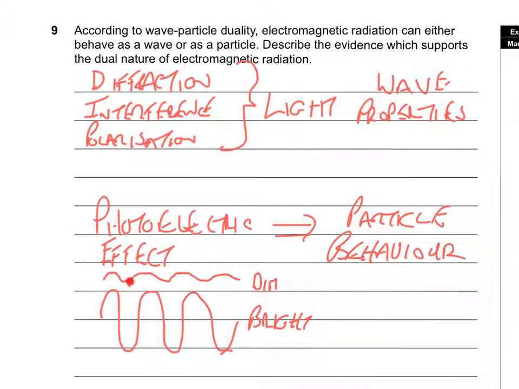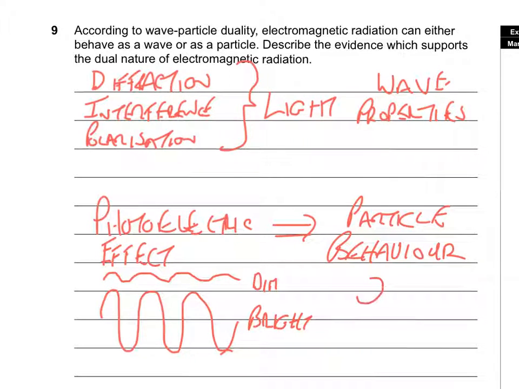So in the wave model, dim light has a low amplitude and bright light has a high amplitude. And the idea here is that energy is in the brightness of the light. But according to the photoelectric effect, the energy is coming in little packets. And those little packets have different amounts of energy.